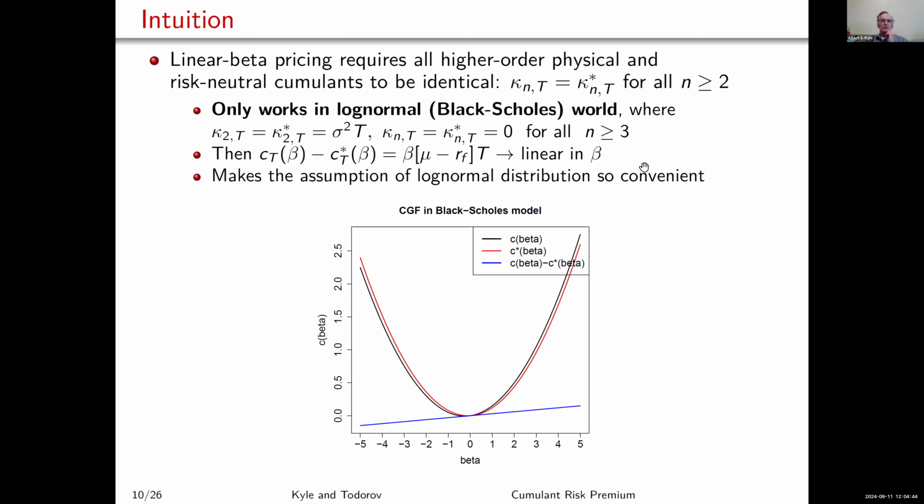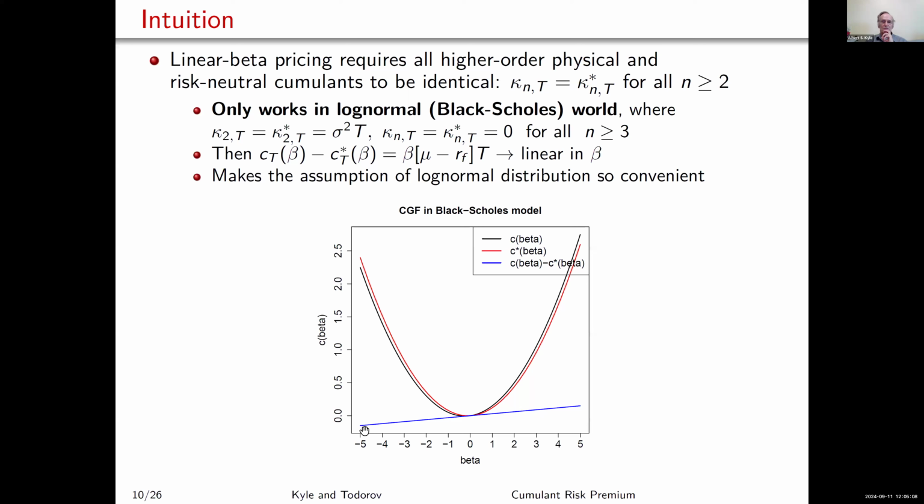And indeed, when you look at the risk premium that you get, the difference between the cumulants in the physical and the risk neutral measure, the only difference that's relevant is the one in the mean, and that shows up as a risk premium that's a straight line.